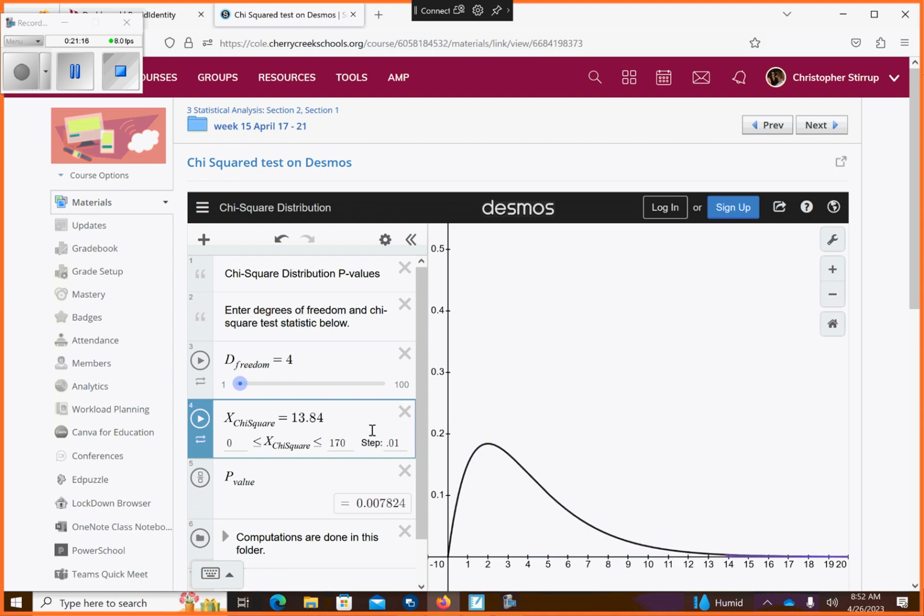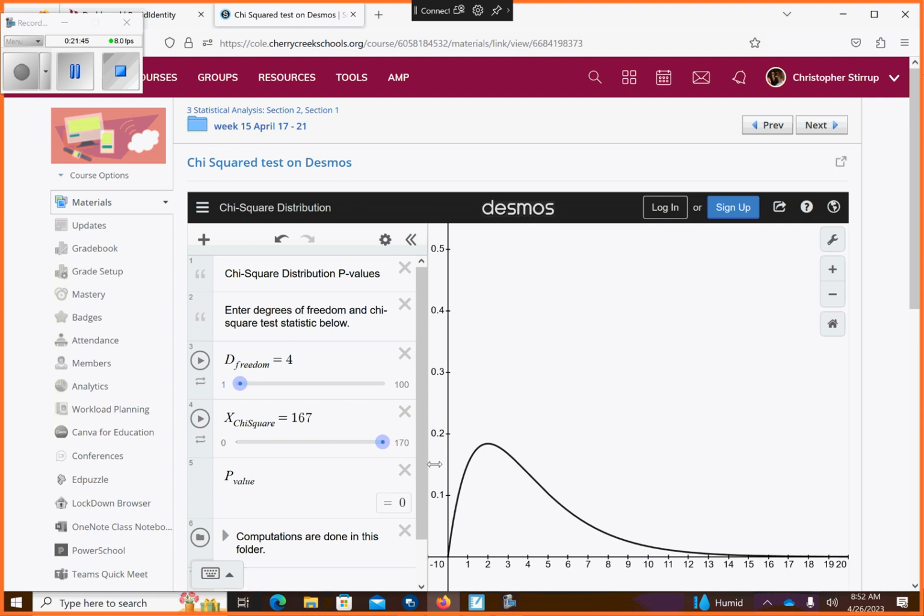Okay, that should now work. All right, so I'm going to go to 166.67. 167. All right, so now that gives me a p-value of 0.